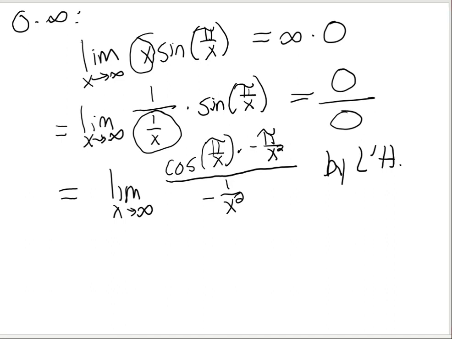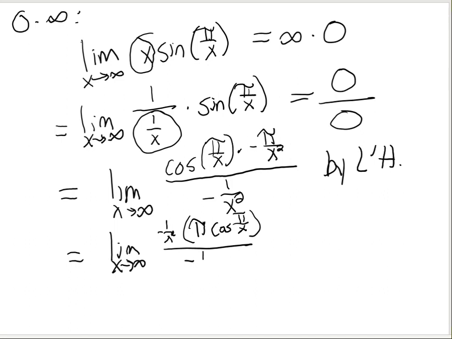Okay. Let's clean this up a little bit. You could factor out negative 1 over x squared to both the top and bottom. And these cancel, giving you the limit as x goes to infinity of pi cosine pi over x.